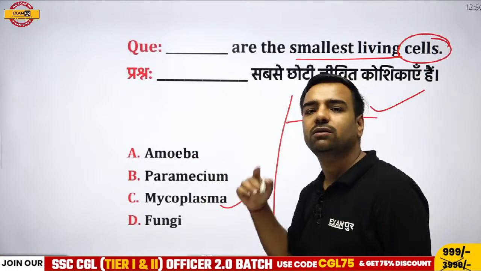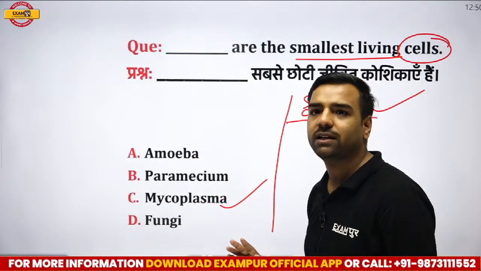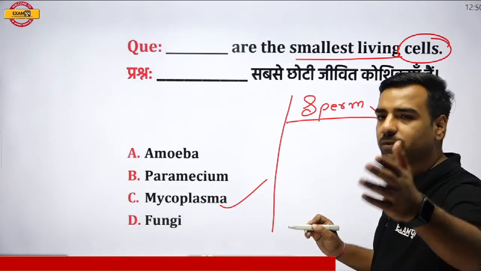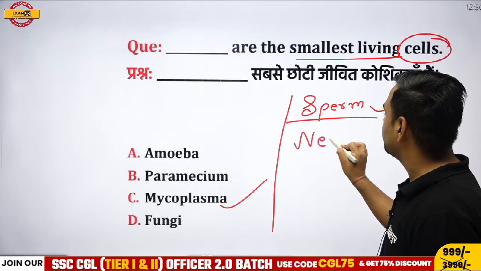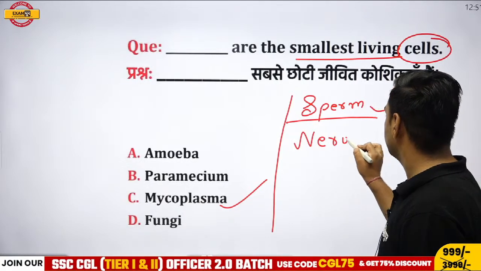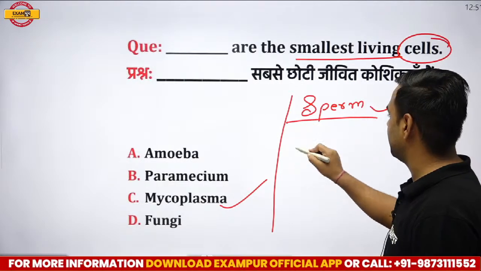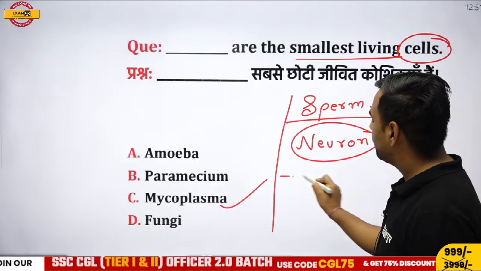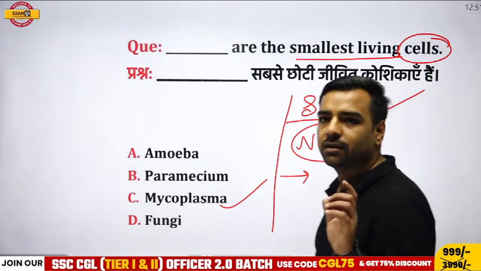If I talk about the whole universe, we have mycoplasma there. It is actually a bacterium. And we already have the answer from Akileshwar and Gobinath, true. If I talk about neurons or nerve cells, these are the longest cells. Now, which is the largest cell?